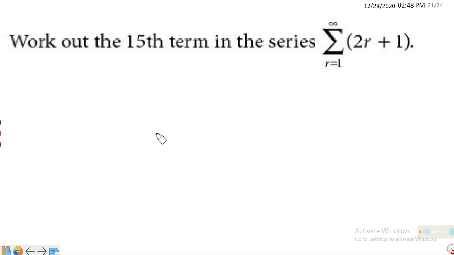Work out the 15th term in the series. So the formula for the series is sigma r equals 1 to infinity of 2r plus 1. It's an infinite series.